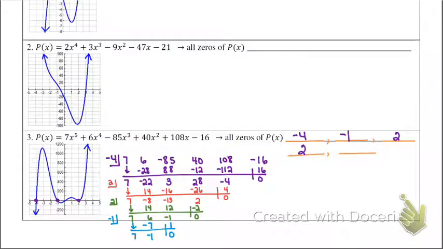So now I just need to figure out where I am at. So this first one was an x to the 5th. So x to the 4th, x to the 3rd, x squared, and x. So what I am solving is 7x minus 1 equals 0. So x equals 1/7. That is my last 0.